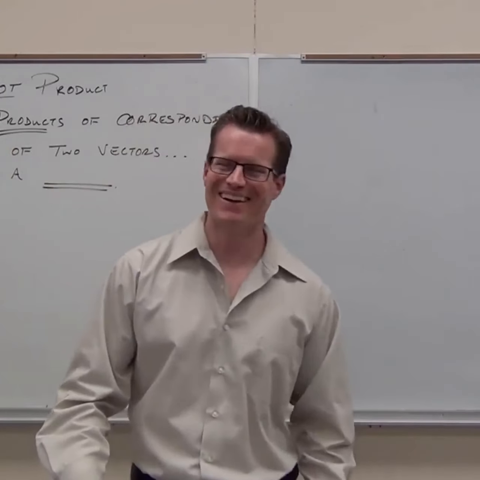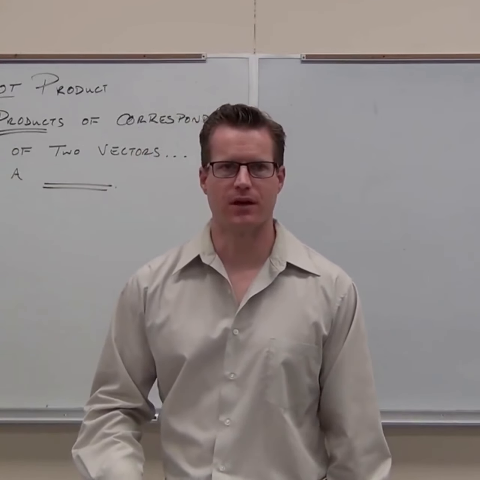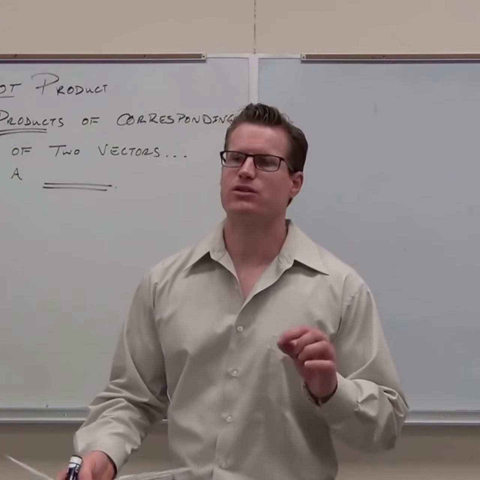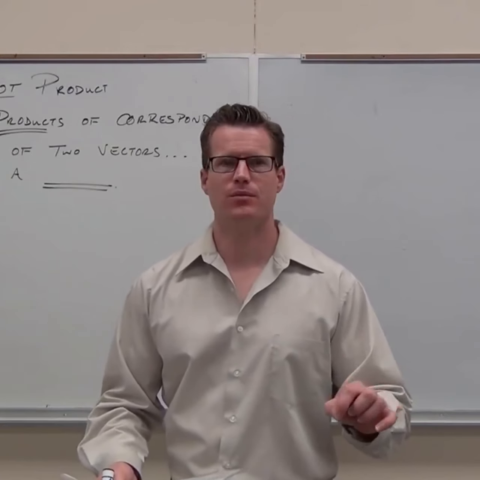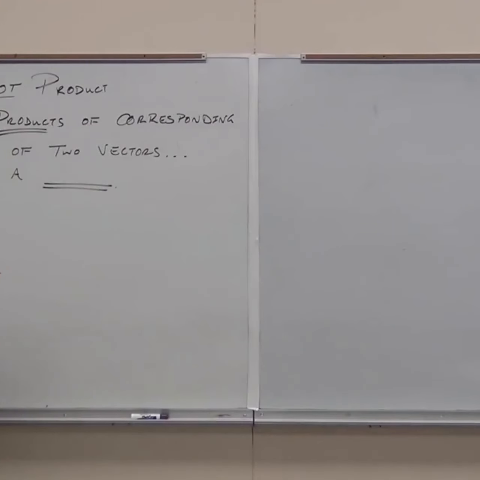What's that mean? Because if you've never seen it, I don't even know what you're talking about right now. Let me show you. It's actually really easy to do, but you've got to do it at least a couple times to get the hang of it. So let's imagine that I've got a couple vectors.